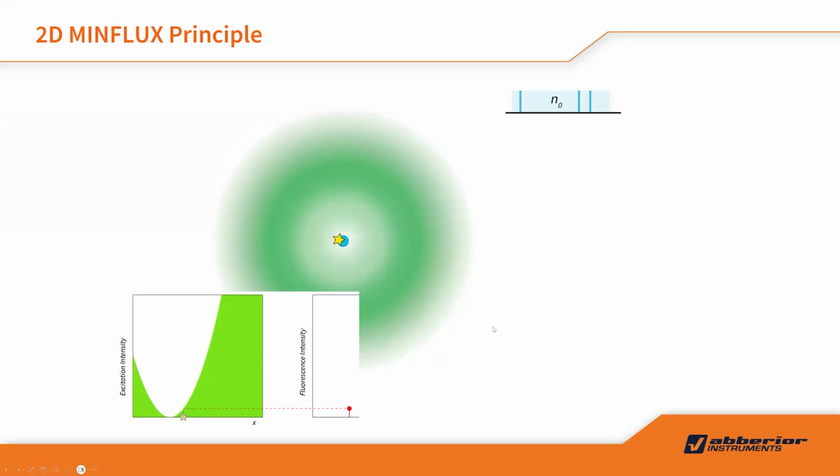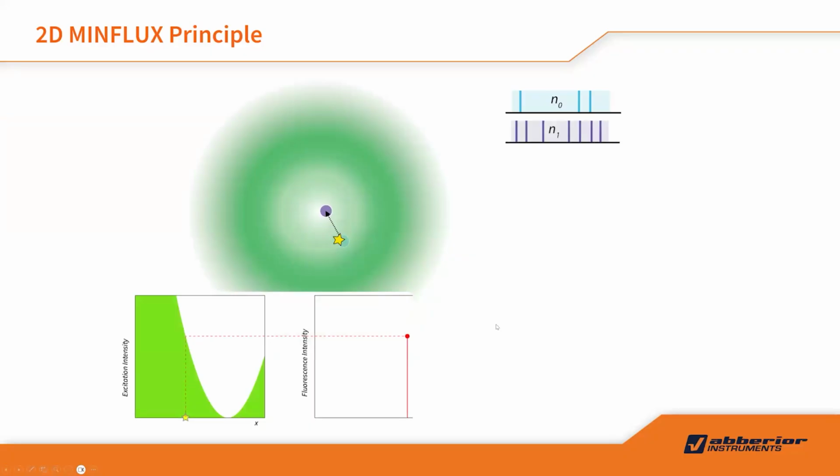Then we move the excitation donut to a next position. So the center is a little bit further away from the real position of that single molecule. Then you have a higher excitation power, and then you have higher signal photon counts.